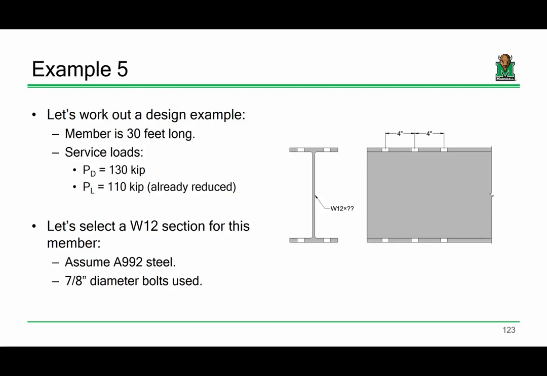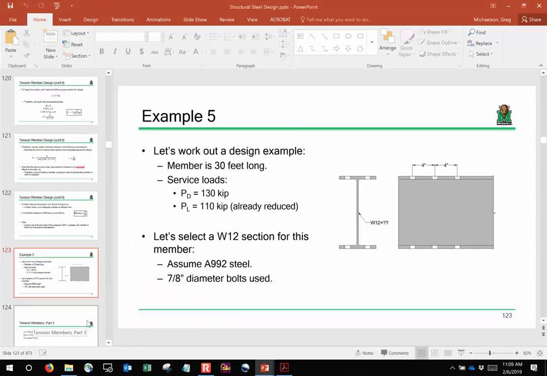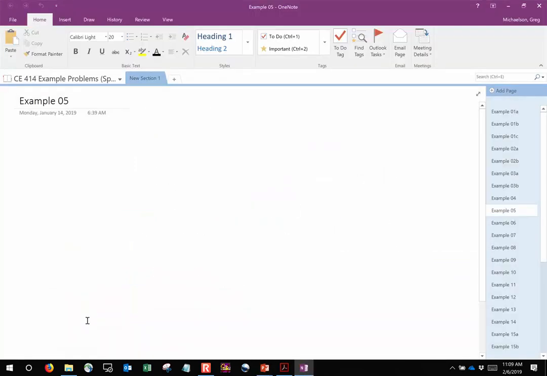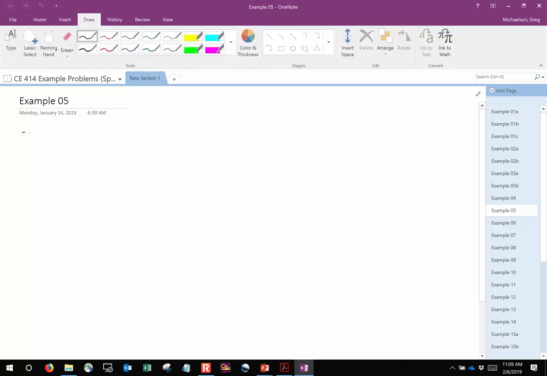There we go. We got to factor the loads. Those of you who've had concrete design should have known that. So the first thing we need to do is factored loads. We have a dead load of 130 kips and a live load of 110 kips.